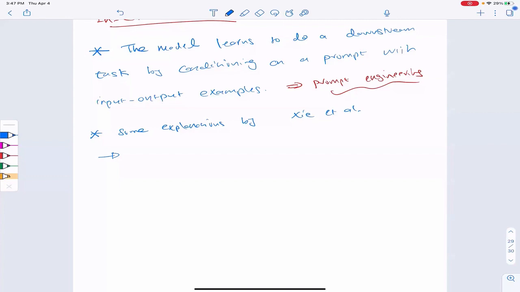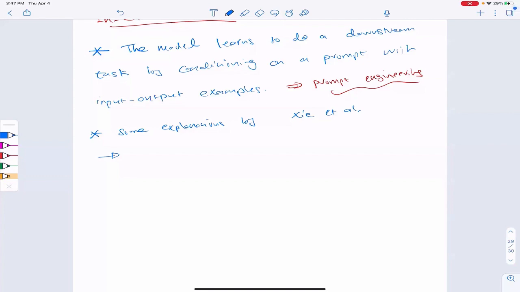And the authors argue a similar phenomenon is likely happening when you are putting some examples in your prompt, that the model somehow learns, even by just a few examples, some shared concepts, and that helps the model in terms of generating better responses to the questions given in the prompt.